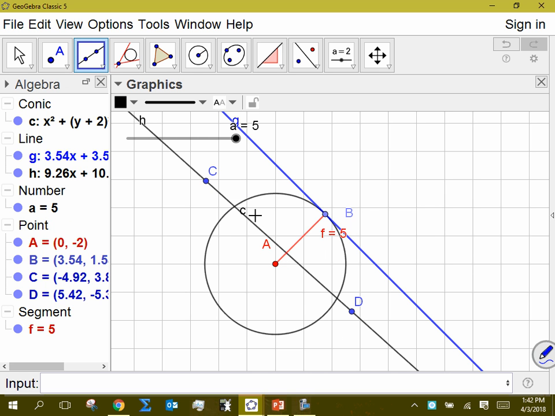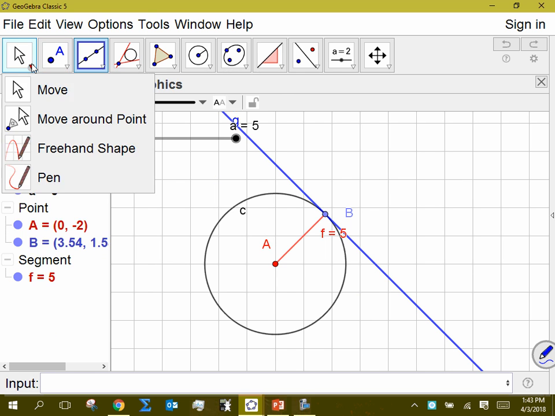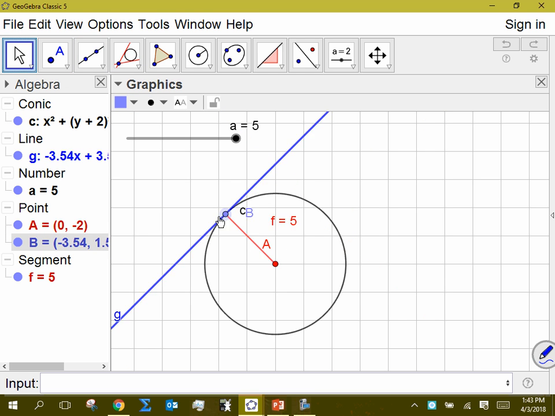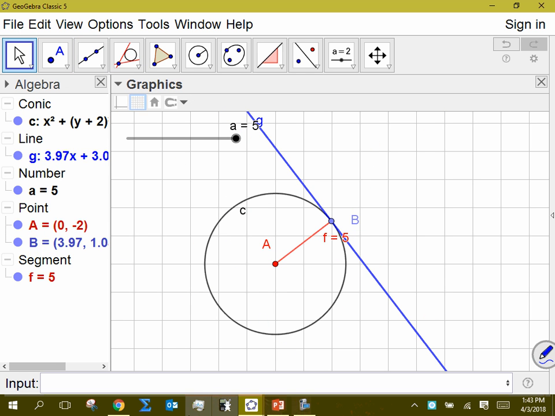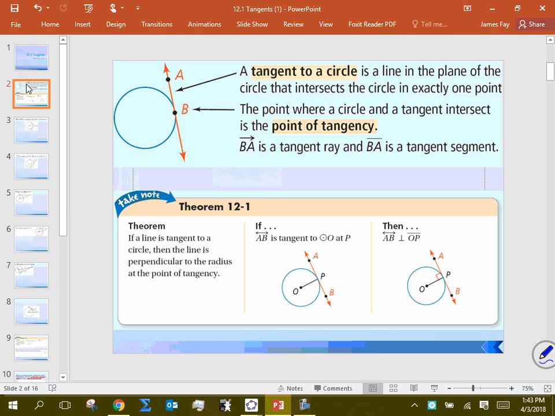That black line is classified differently than the blue one. So we're focusing only on the blue one and lines like the blue one, intersecting my circle only one time. Those types of lines are referred to as tangent lines. So you need to write that definition down.